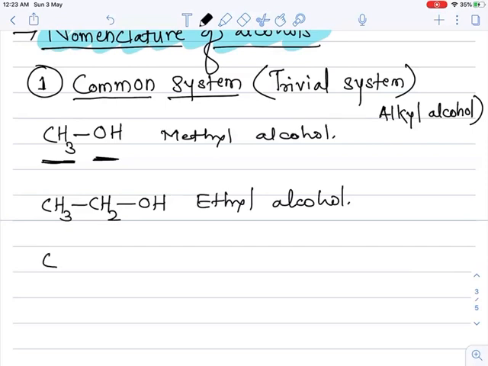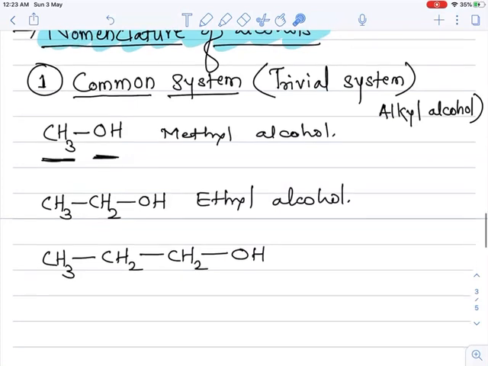If we take one more example, a 3 carbon containing compound, that is CH3CH2CH2OH. If you observe here, a straight chain of 3 carbons to which OH group is attached.